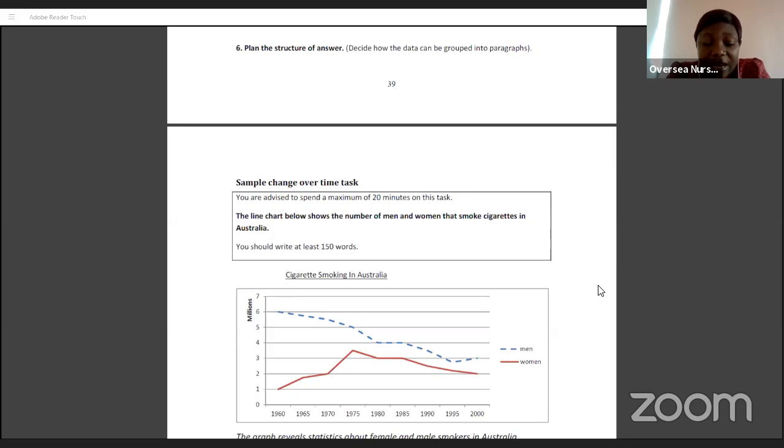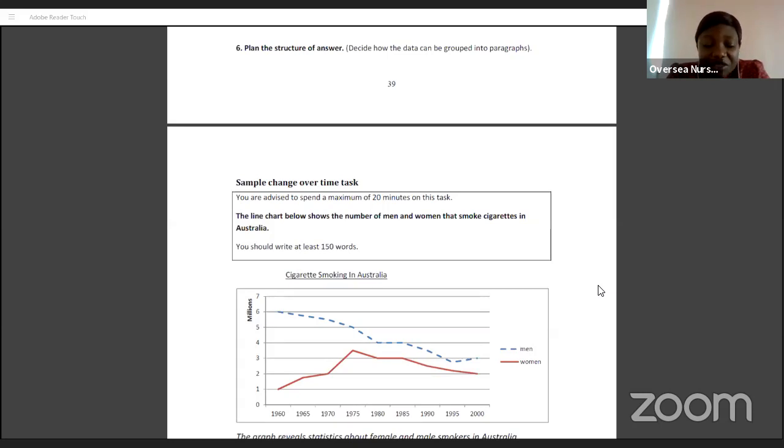I used to think that quantity has to do with uncountable nouns, isn't it? Amount of. How many? It shows how many men and women smoke cigarettes in Australia.